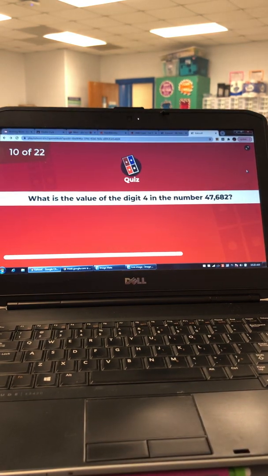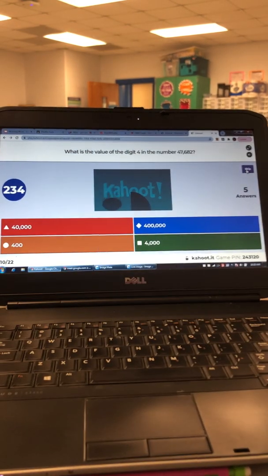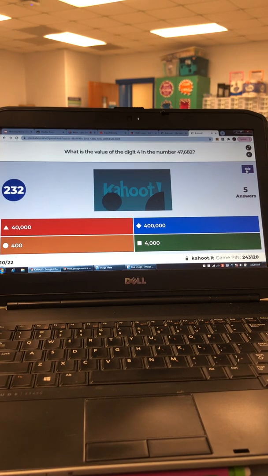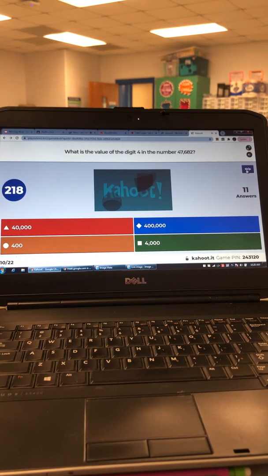What is the value of the 4 in the number 47,682? Think about what place it's at on the place value chart.